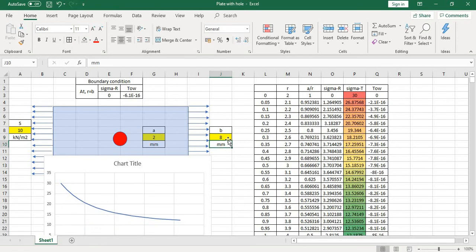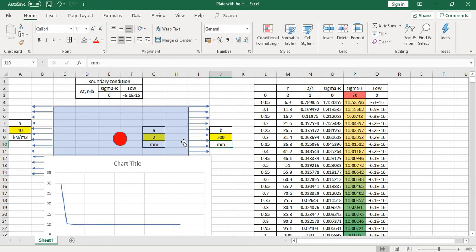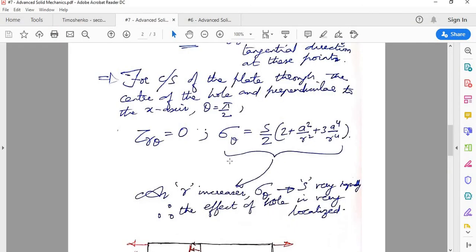So when the plate is more towards infinite, or when the size of the plate is larger compared to the hole, the stress concentration is strictly at the location of the hole, and as r increases rapidly, it becomes closer to the actual applied stress. So this is just a small demo.